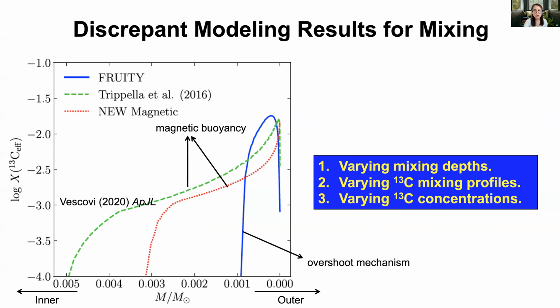Since we have mainstream silicon carbide grains from AGB stars, we can analyze the isotopic compositions of s-process elements to constrain the carbon-13 formation. And this part of the helium intershell that contains carbon-13 is often called the carbon-13 pocket.